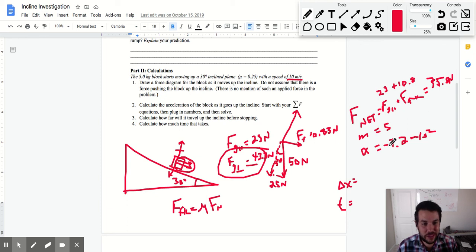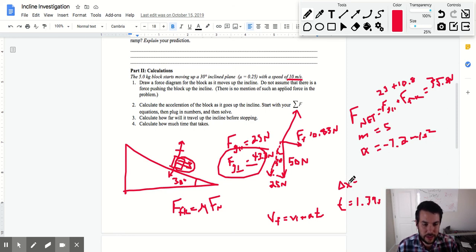I can divide 10 by negative 7.2, and that will give me the time, right? Because VF equals VI plus AT. My VF was 0, VI was 10, A is negative 7.2. So if I do that, I get 1.4-ish seconds, 1.39.